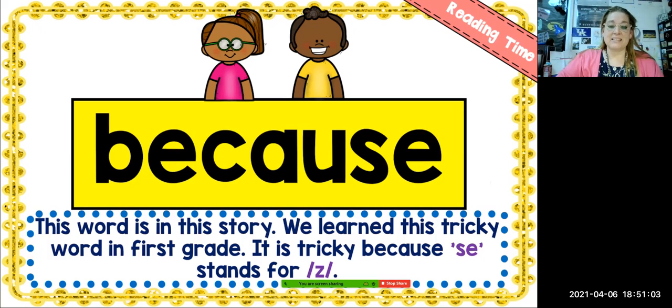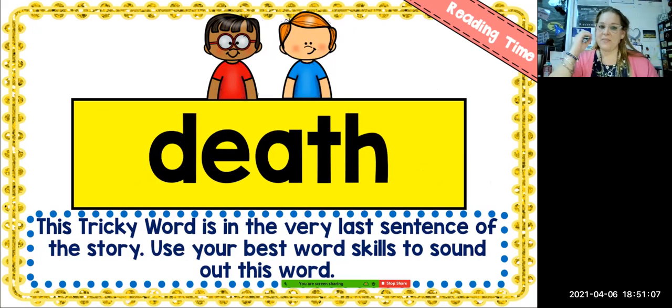See that SE says Z, because. Good. And this is a tricky word, and it is in the very last sentence of our story today. I'm not going to tell you what the word is because I want you to try to figure it out. And then when we get to the last sentence, I want you to try to figure out what that word is using your context clues.